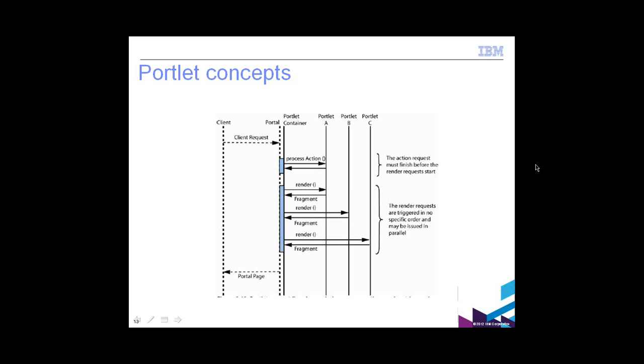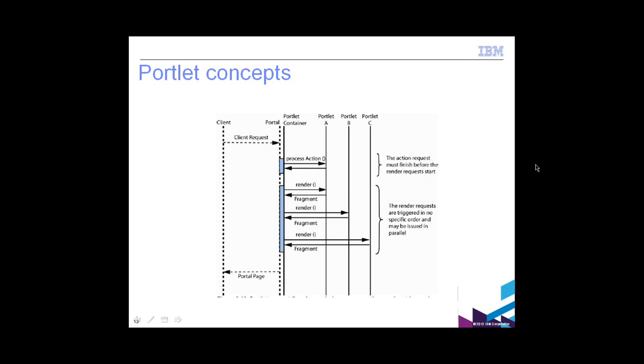Now portlet B is, assuming, a weather portlet that needs to show weather information according to what city was chosen in portlet A. Portlet C is maybe a Wikipedia page that shows information about the city, whatever city was chosen in portlet A. So the point here is, once an action is done in portlet A, the portal has to give portlet B and C a chance to refresh themselves to send a fresh response back as a result of what happened in portlet A.